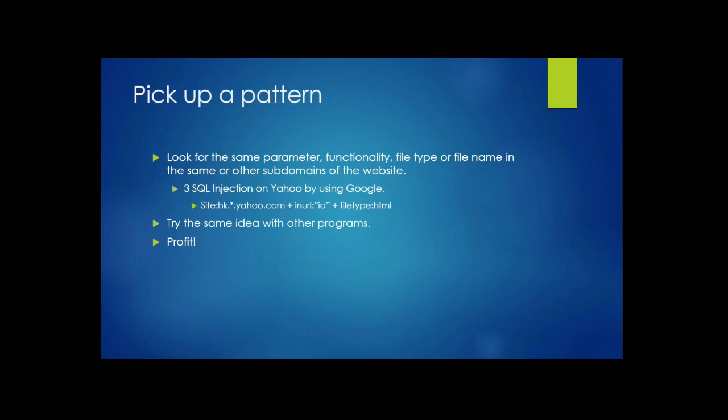Pick up a pattern. It makes it easier for you to find more bugs in a short amount of time. I always look for the same parameter or same functionality of that website in different subdomains first, and if I don't find anything, I will go look at other programs.